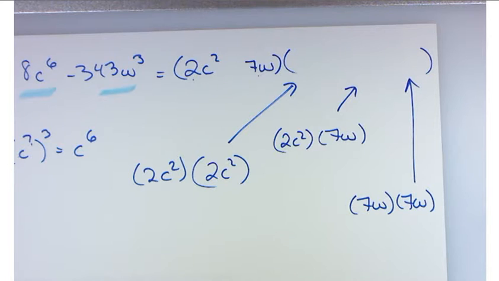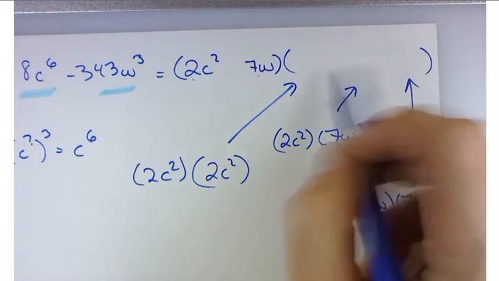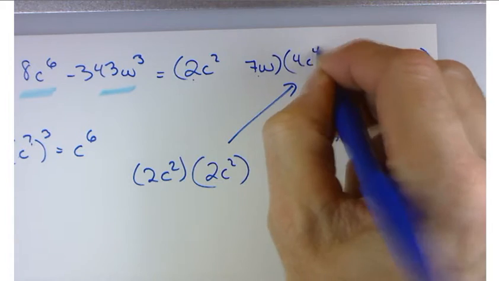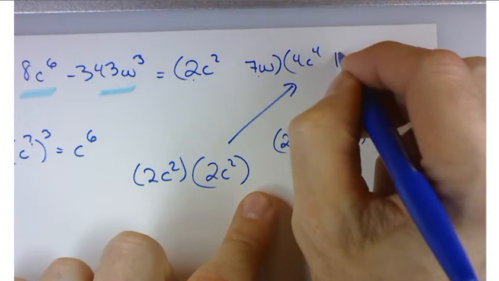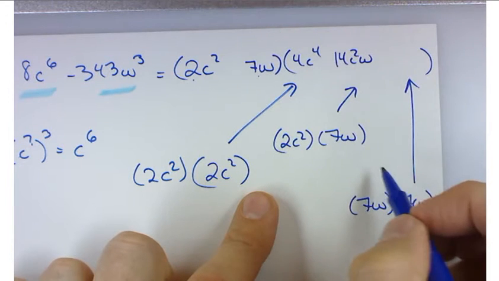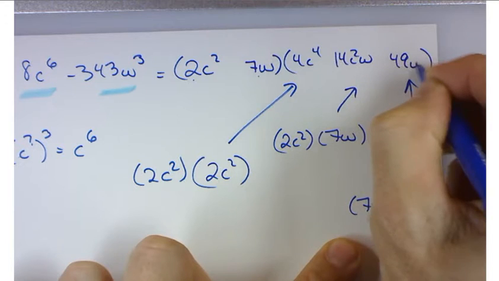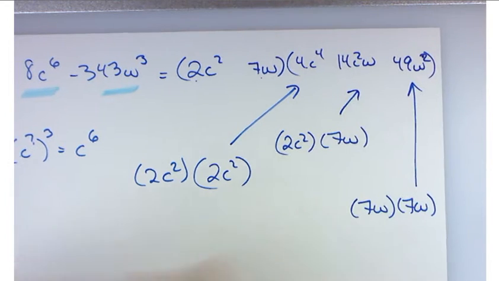Rachel, can you help me fill in this trinomial? 4c to the fourth, good. 7w times 7w is 49w squared. All right.